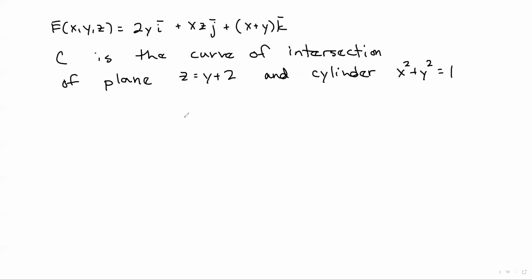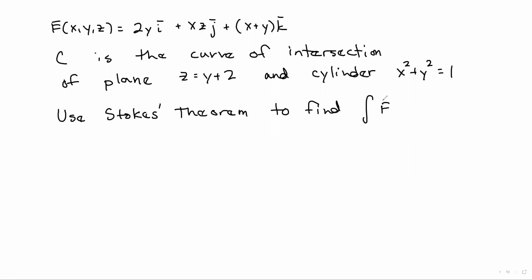All right, and again, we're asked to go through and use Stokes theorem to find the integral of f dot dr. Okay, so again, if we're asked to use Stokes theorem to find f dot dr, that means we're going to actually calculate the other side of Stokes theorem.